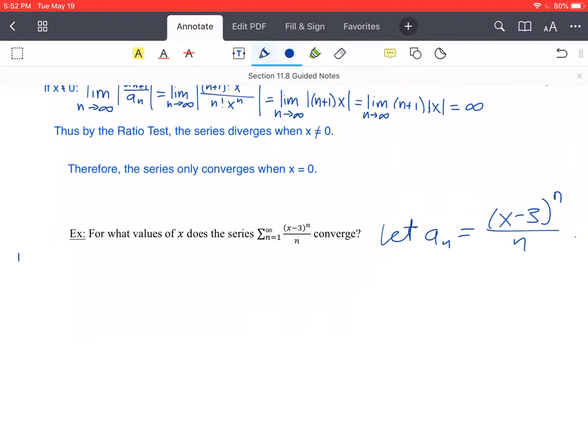Then our ratio, a n plus 1 over a n. So that's going to be (x minus 3)^(n plus 1) over n plus 1. And I'm just going to go ahead and do multiplication by the reciprocal. So that's times n over (x minus 3)^n.